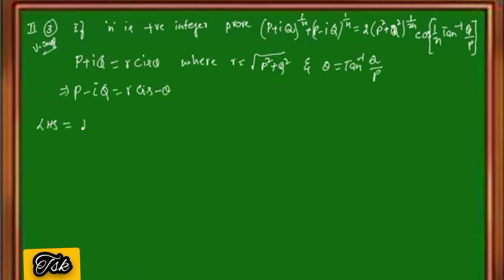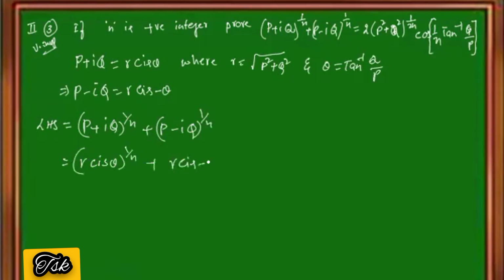So what is the LHS? LHS is p plus iq whole to the power of 1 by n plus p minus iq whole to the power of 1 by n. Since it is given equal to this, let us consider a root of this value. So p plus iq is r cis theta whole to the power of 1 by n plus r cis minus theta whole to the power of 1 by n.